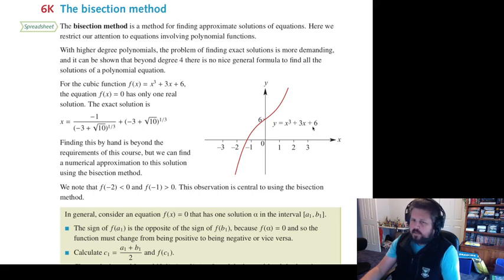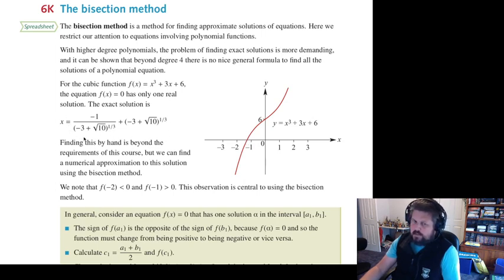So the good news is we do have what's called the bisection method to be able to get an approximate solution to these equations. So it turns out we've got the cubic function here, x cubed plus 3x plus 6, and it says for the equation f of x equals 0, it has only one real solution. So you can see here it crosses over where the real solution is, and it is listed here.